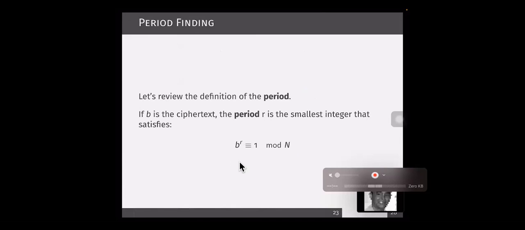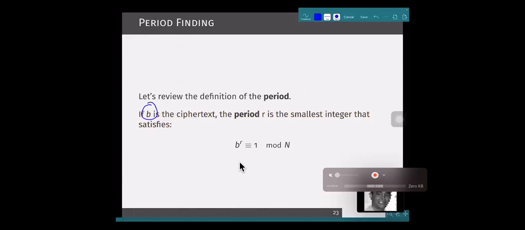the period. If you are given an encrypted message B, B is your encrypted message.